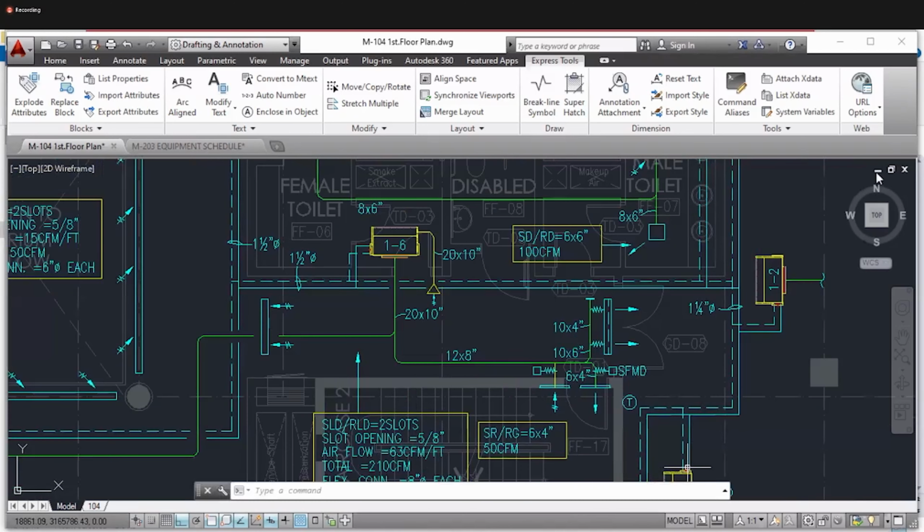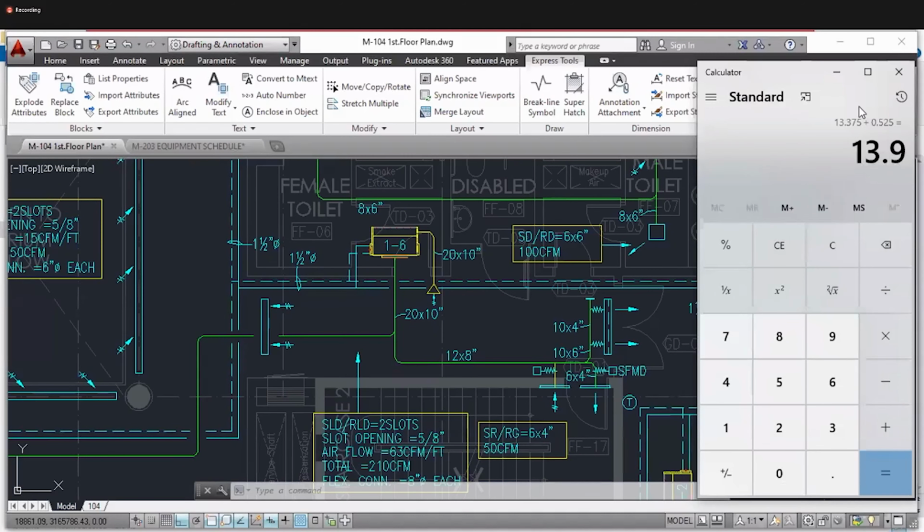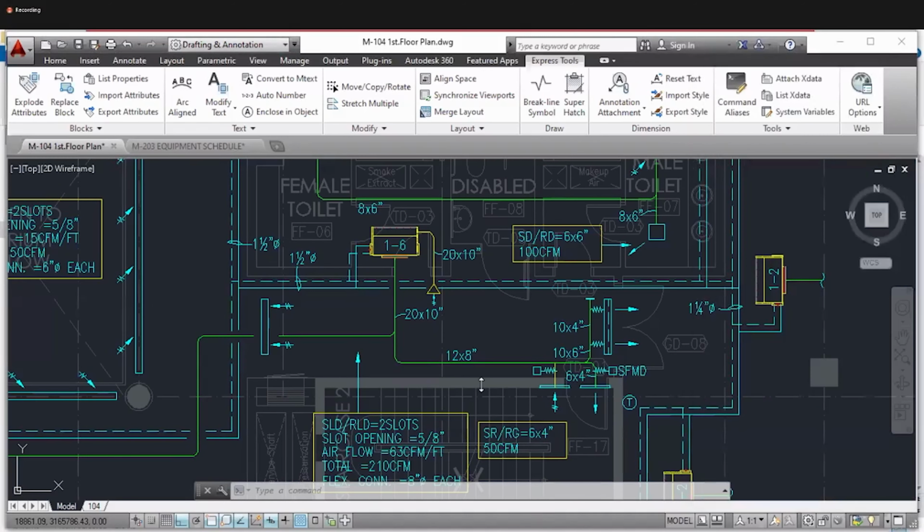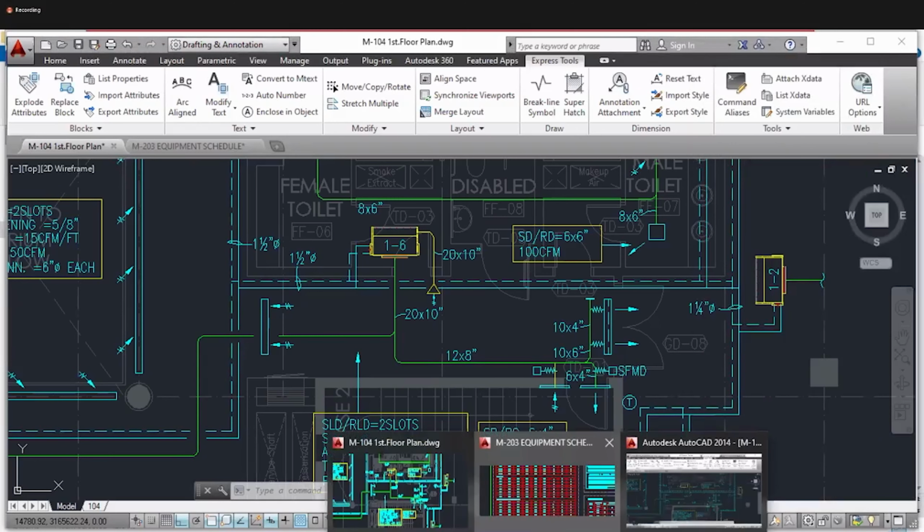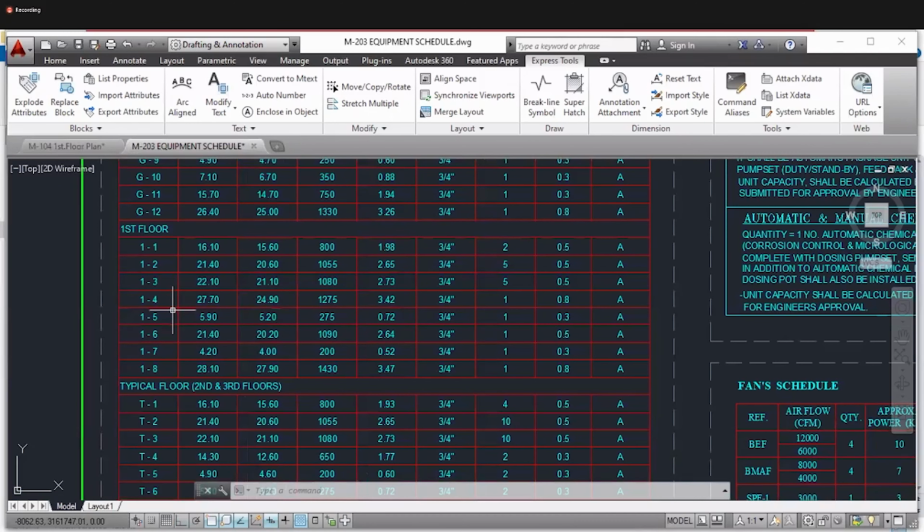Keep in mind 13.9 GPM, and the 1.6 machine. What is the TMBH for the 1.6 machine?